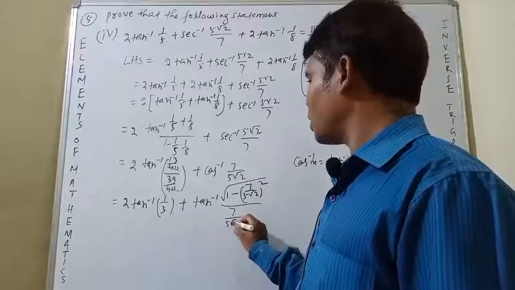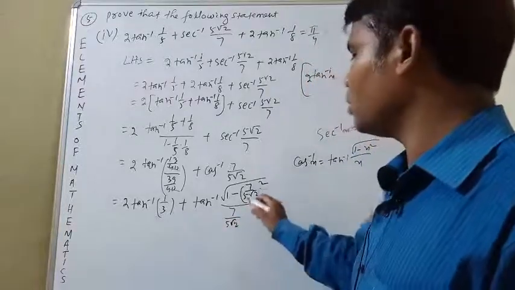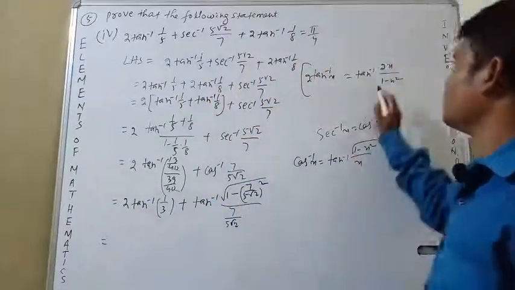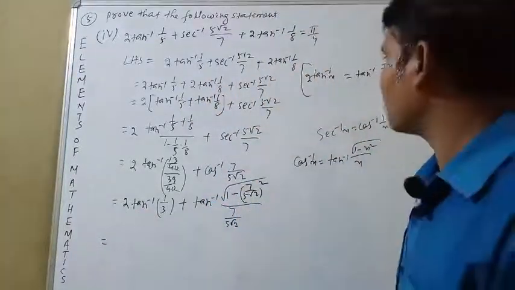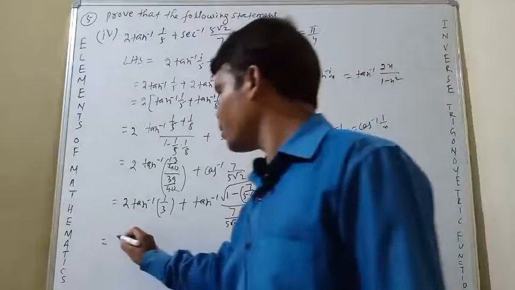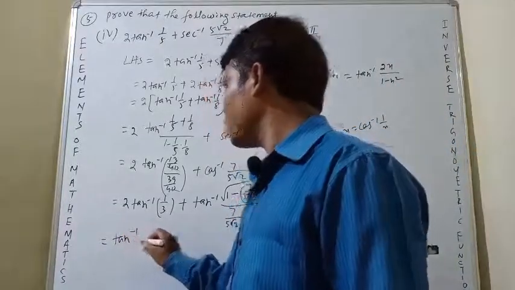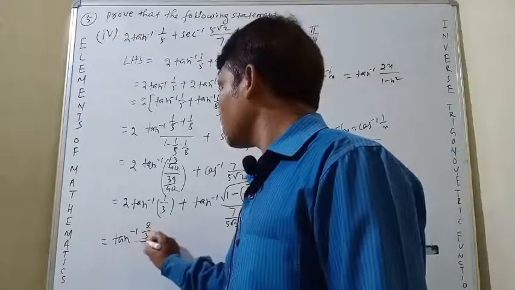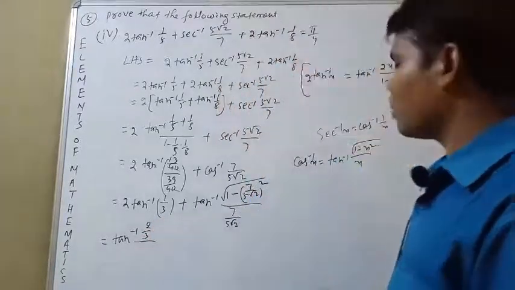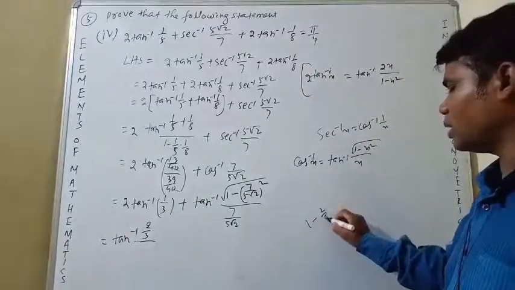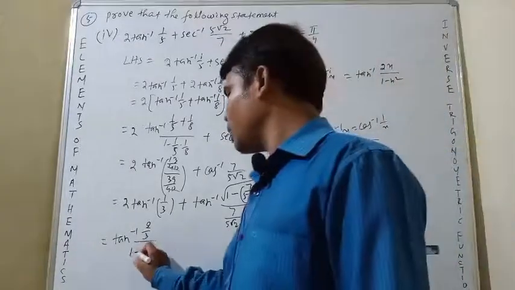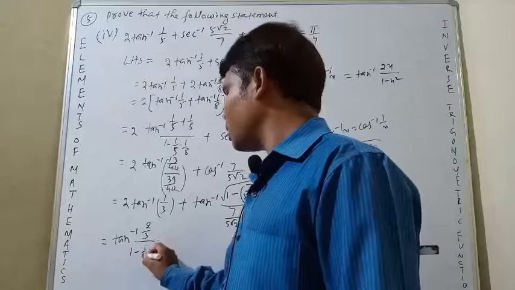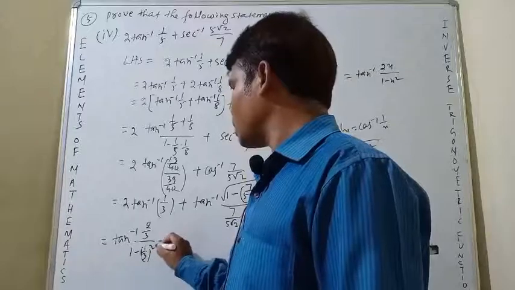Okay, so if you simplify it, this is 2 tan inverse 1 by 3. This formula we can use now. That is tan inverse 2x, that is 2 by 3. x is 1 by 3, so 2x is 2 by 3. 1 minus x square, x is equal to 1 by 3, whole square.